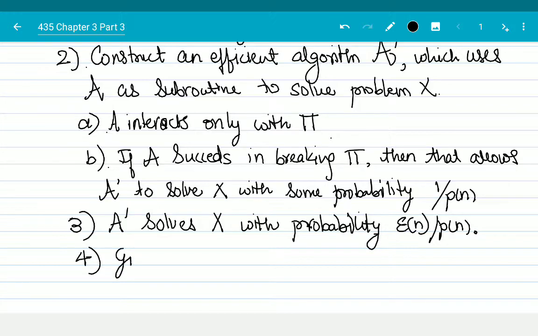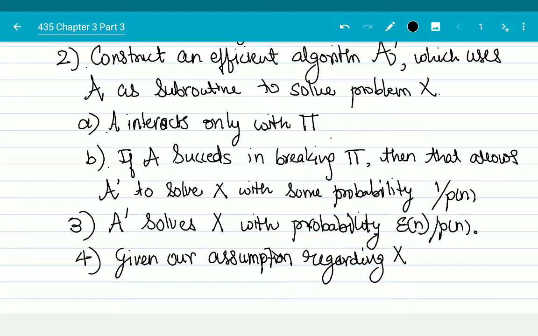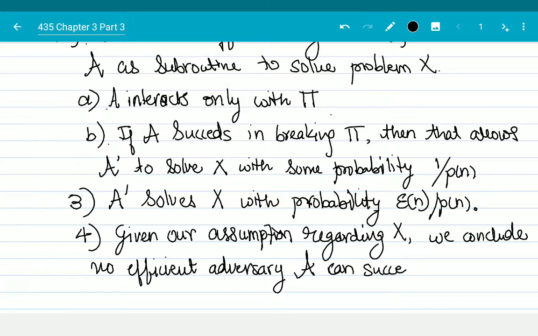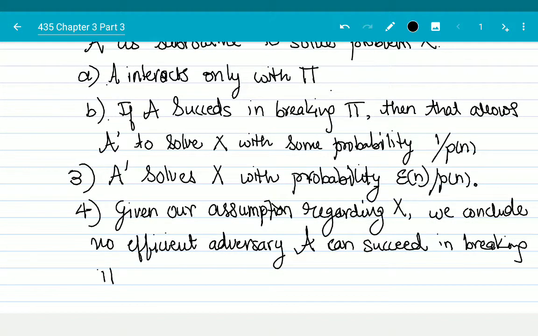So given our assumption regarding X, we conclude that no efficient adversary A can succeed in breaking pi with a non-negligible probability.